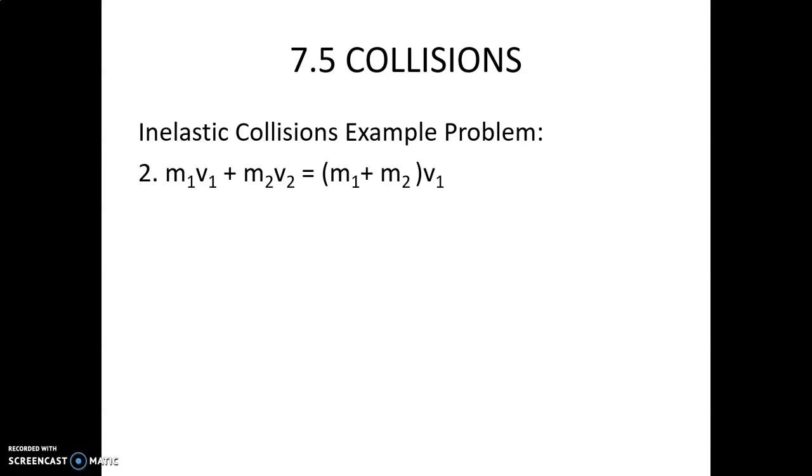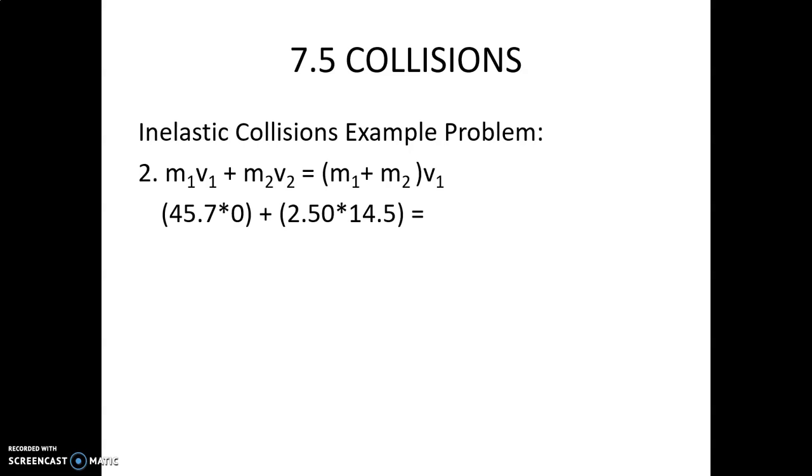Now, in this case, it's inelastic. You only have one mass and one velocity. So the one mass will be the added mass of you and the object because you're stuck together. And then since you're one object, there's only one velocity. So that's why there's v1 afterwards.